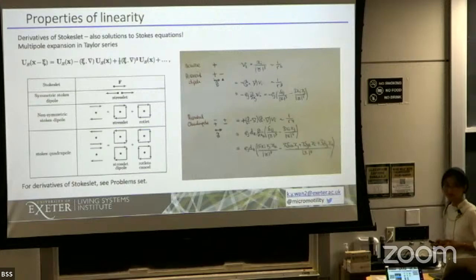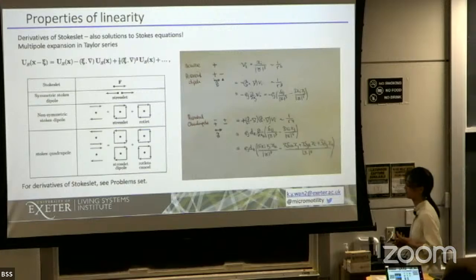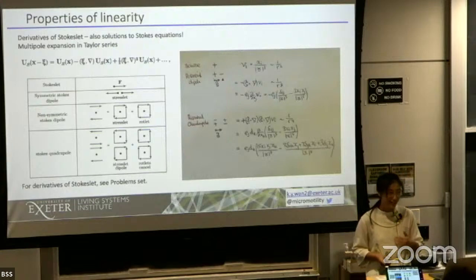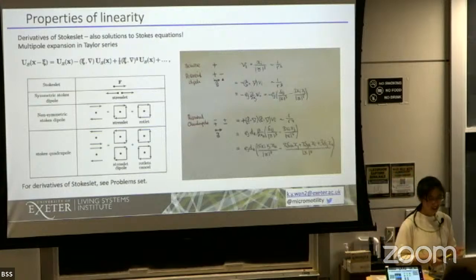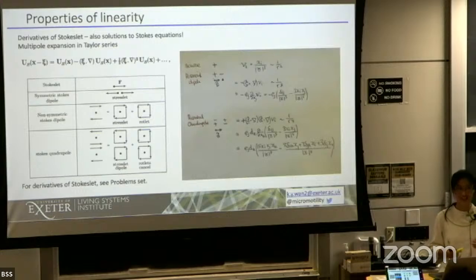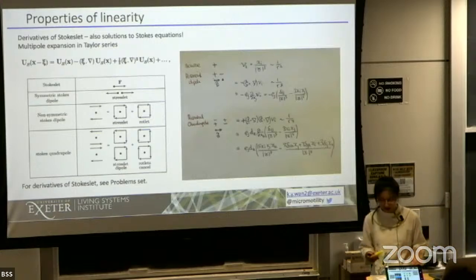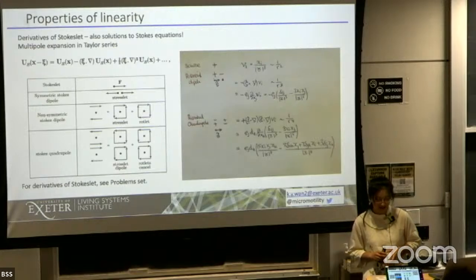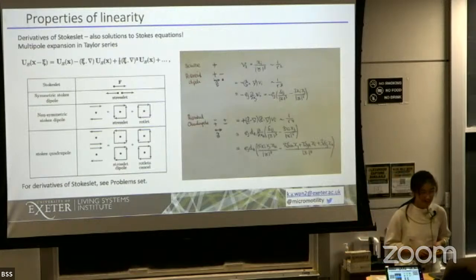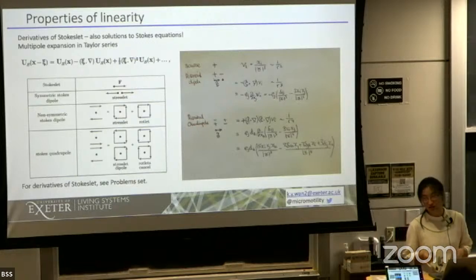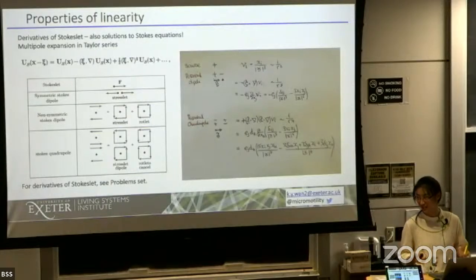Again, this comes from the fact that you can repeatedly differentiate these flow fields to get flow fields that themselves satisfy Stokes equations. And then another brilliant property of linearity is that you can sum all these solutions up in some arbitrary order, and the sum would still satisfy Stokes equations.